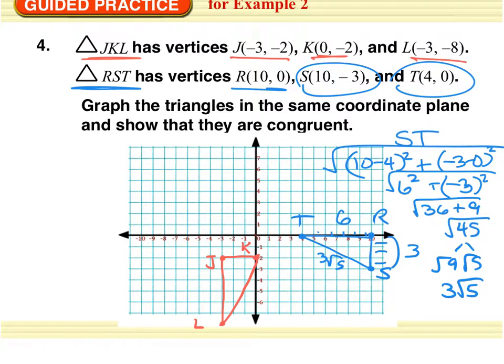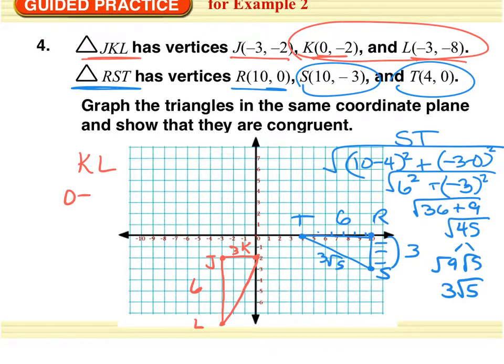Now let me go do the same thing for the red triangle, the JKL. Again, you can see that this one has a length of 3. You can count the little boxes. Over here, JL has 6. And now again, I'm going to find the length of KL by using the distance formula. So I'm using these two ordered pairs.